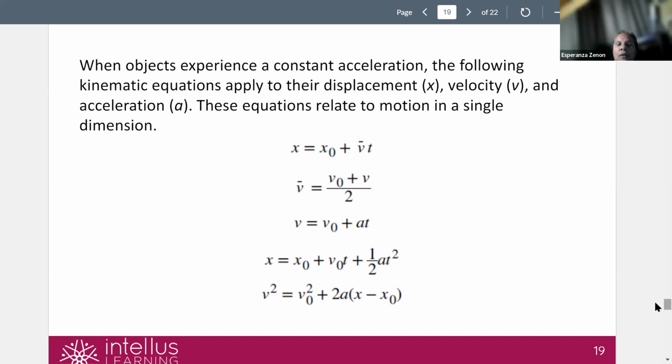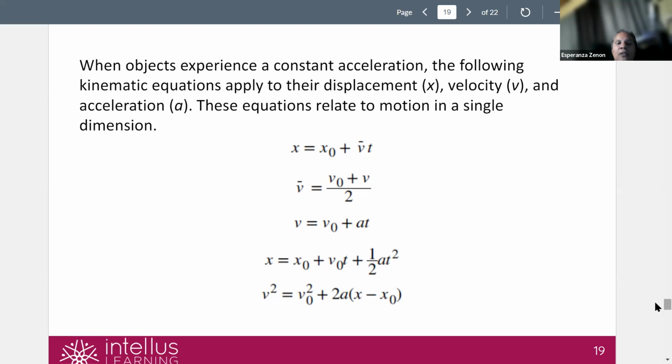So in the third equation, replace the A with minus G. In the fourth equation, replace the A with minus G. In the very last equation, replace the A with minus G. You have just adjusted the equations to account for free fall. The only other thing we do is we change the X to Y. So we like to use X for horizontal motion and Y for vertical motion.